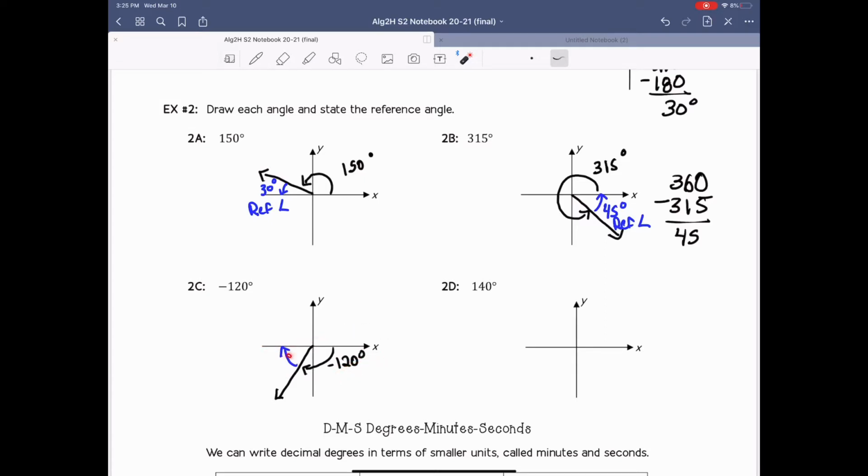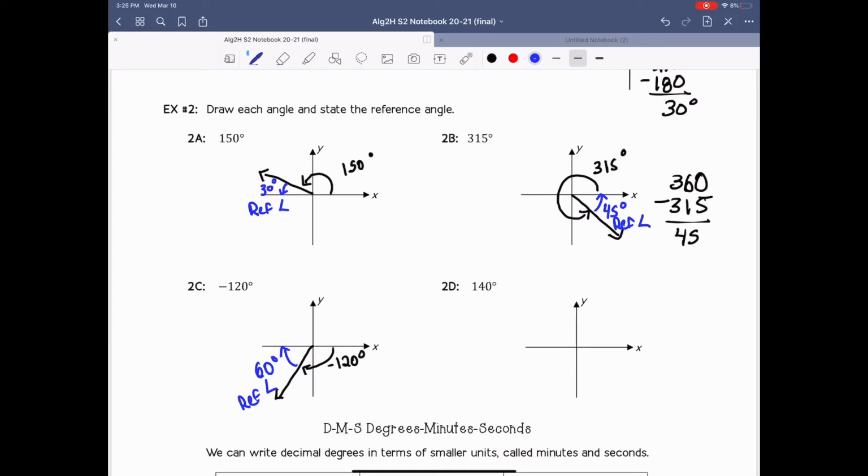What is this missing chunk going to be? Well, if I subtracted 60 degrees from negative 120, that would bring me to negative 180. So my reference angle is going to be 60 degrees, okay? And we're going to write the reference angles in terms of positive numbers, okay?